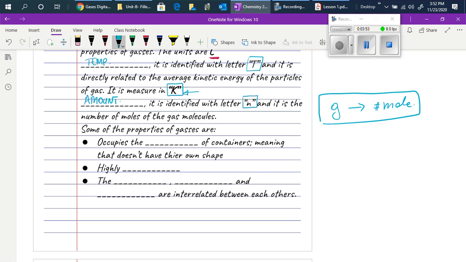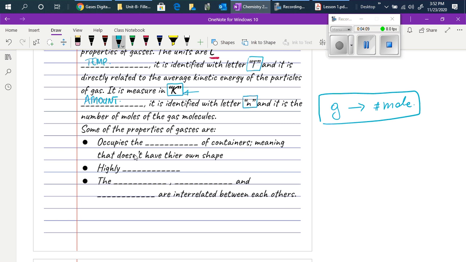So this n is actually the number of moles that this amount of gas has.